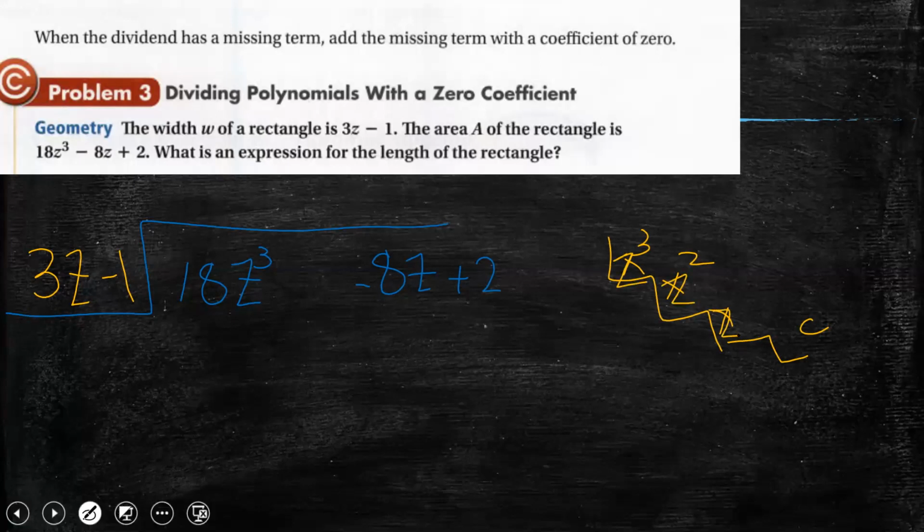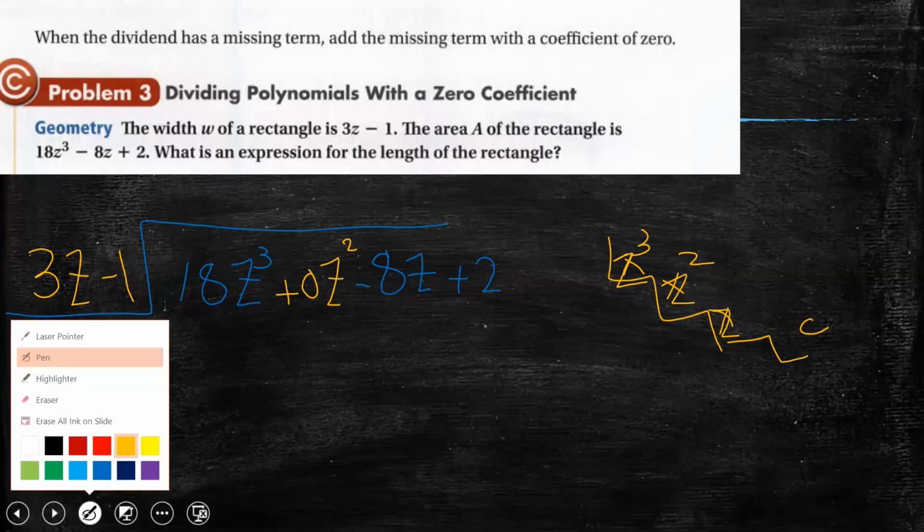Is z squared written? No, it's missing. So you have to add 0z squared. I didn't make any change, but it will be written, to have all the terms in the standard form. So you have to write the missing thing, which is 0z squared.